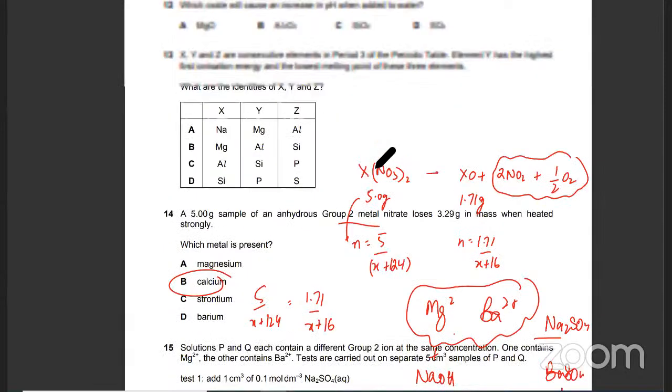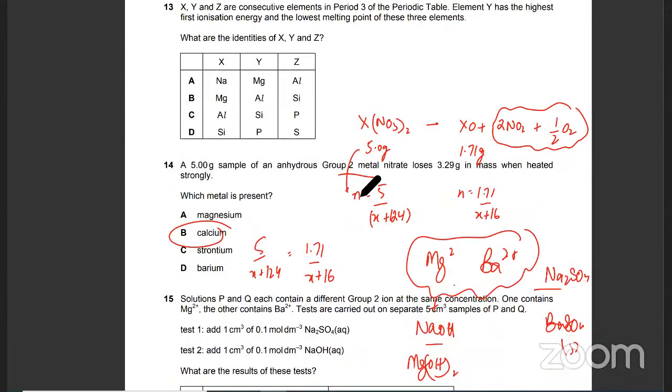So 40.1 is calcium. The other way was that you would take the first one as magnesium nitrate and figure out how many moles 5 grams of this would be. Then you'd find the moles of magnesium oxide and figure out the mass. If the mass comes out to be 1.71, then it's the right one. But then you'll have to do this 4 times.